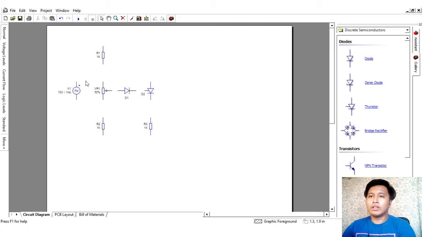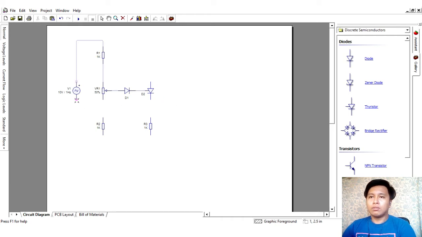And we need to connect them all respectively. So the AC voltage source will connect to R1, and R1 will connect to the potentiometer, and the potentiometer will connect to the diode, and the diode will connect to the gate terminal of the thyristor or SCR.